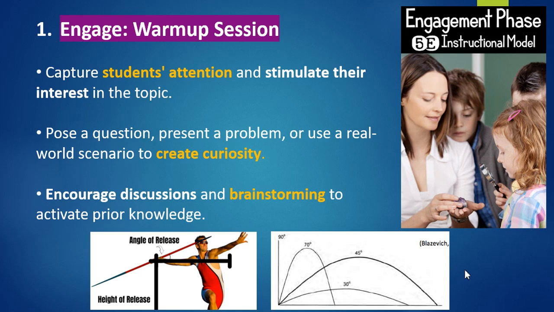That is not the case at 50 degrees, 30 degrees, 60 degrees, 70 degrees, or even 90 degrees. Only one angle, 45 degrees, makes the javelin reach the longest distance. So this is a very good application regarding throwing, and it is possible with the help of mathematics. This is how to start engage in the class.